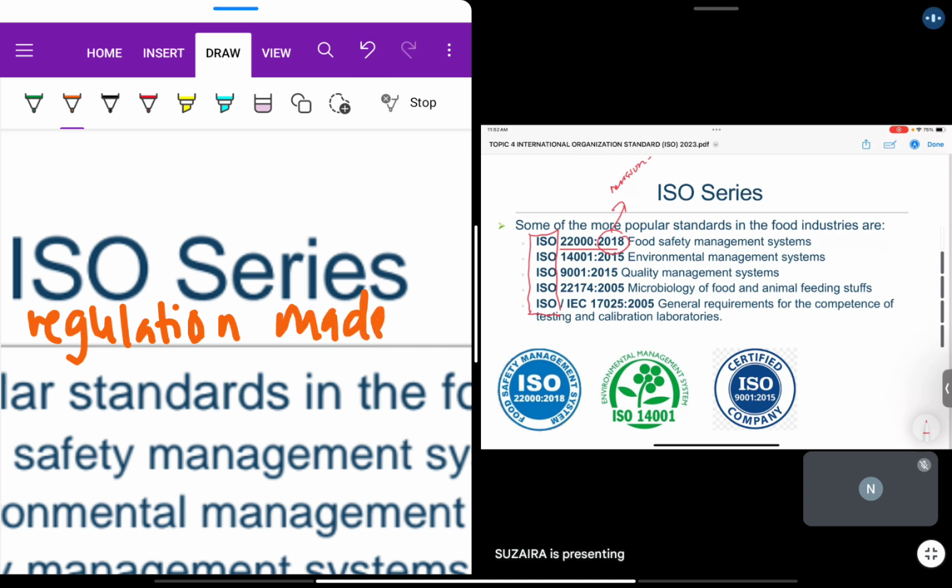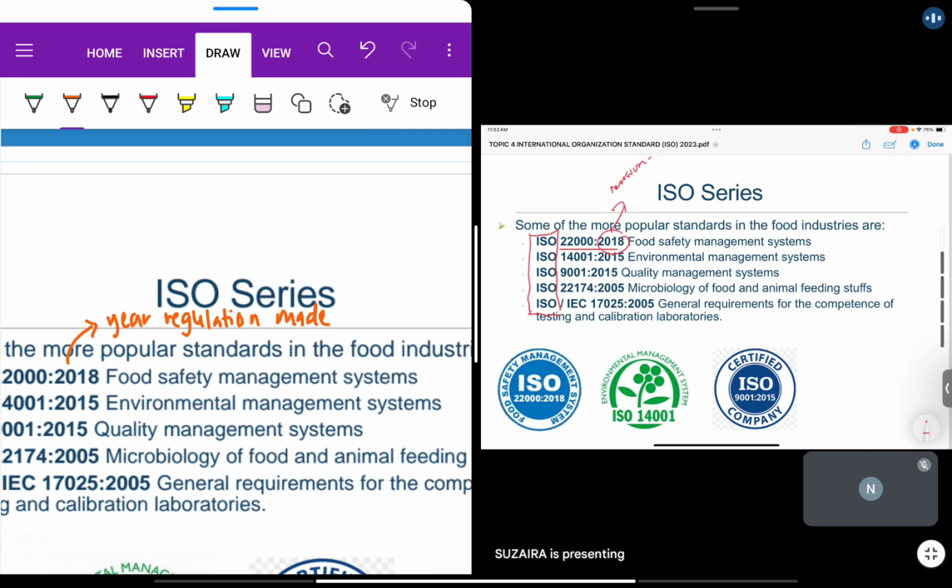So even though it's 2018, if you look here, ISO 2018, but the year of publish is 2020. And this one is actually by Department of Standard Malaysia, so they actually have a technical committee that works on that.